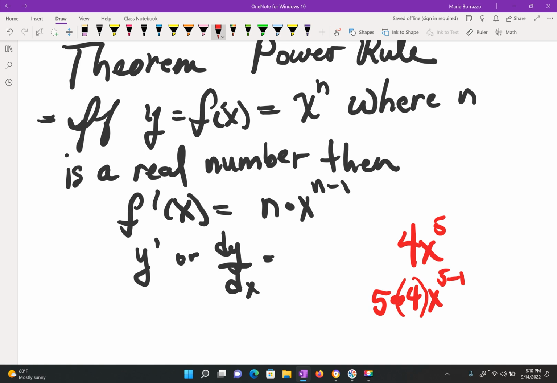So this first derivative is actually 20x to the 4th. That's the f prime x or y prime or d over dx and whatever. So that's the connection between the two.